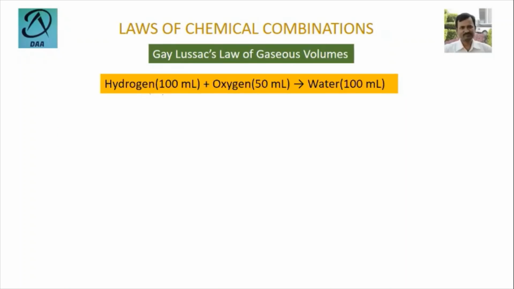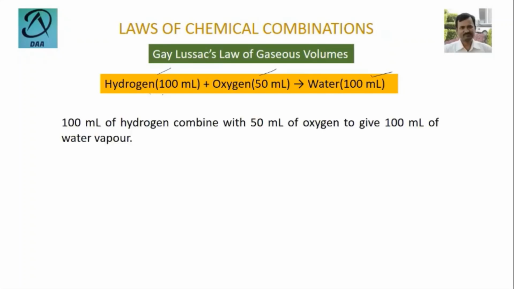So for example, 100 ml of hydrogen reacts with 50 ml of oxygen to produce 100 ml of water vapor. So here you see that 100 ml of hydrogen combined with 50 ml of oxygen to give 100 ml of water vapor.